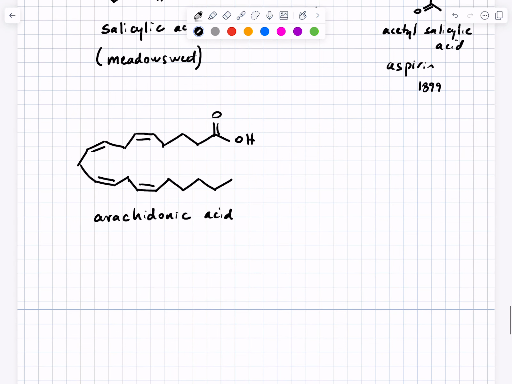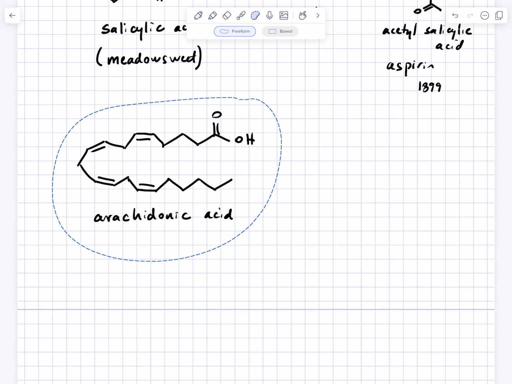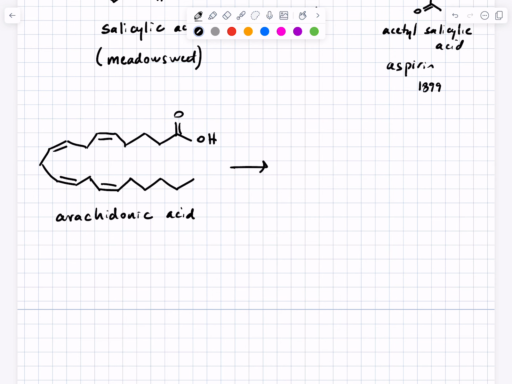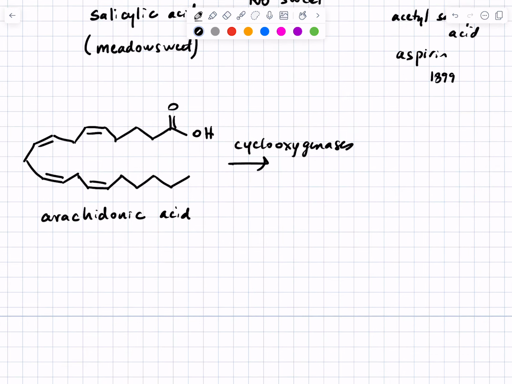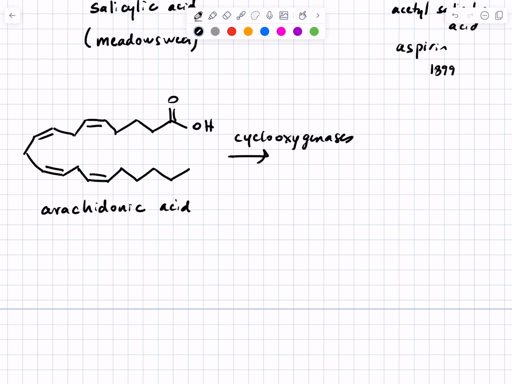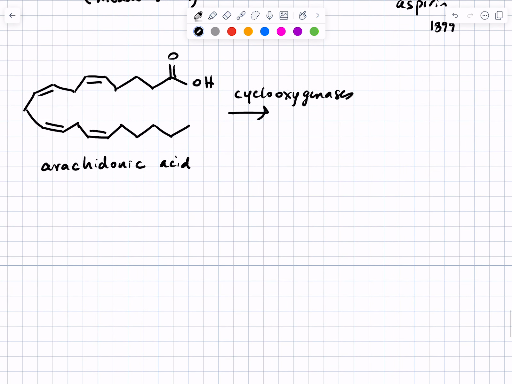And a class of enzymes called cyclooxygenases. You'll know why they're called cyclooxygenases in a minute. They take this simple arachidonic acid and convert it into a precursor of prostaglandins. Here's the cyclo part: you cyclize some of the atoms to form 5-membered rings.